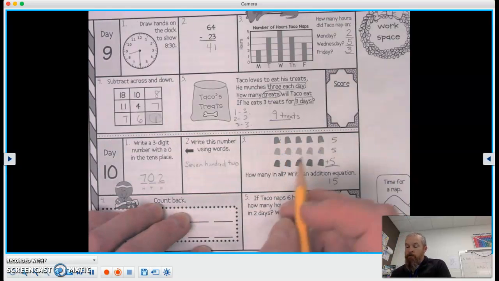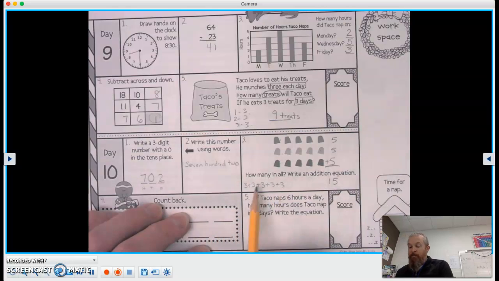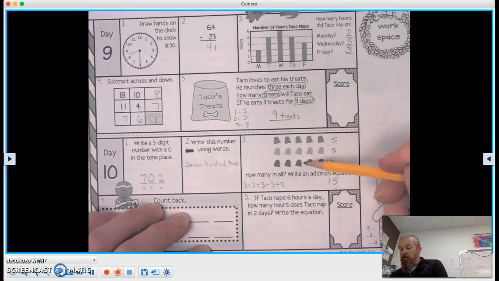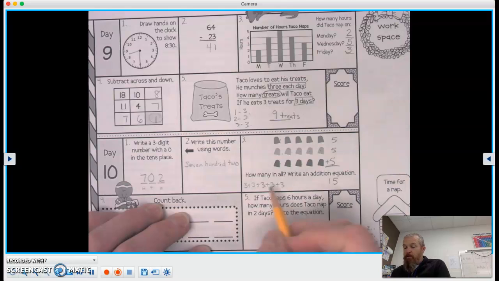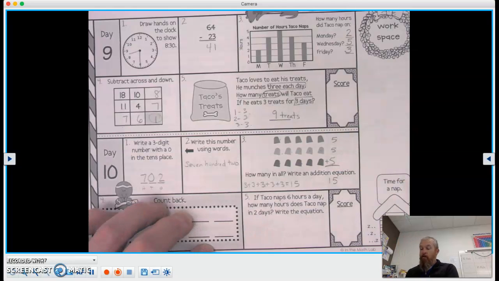We could go 3 plus 3 plus 3 plus 3 plus 3. 1, 2, 3, 4, 5 threes, right? So there's 5 threes equals 15. Either one, 5 plus 5 plus 5 equals 15, or that way.